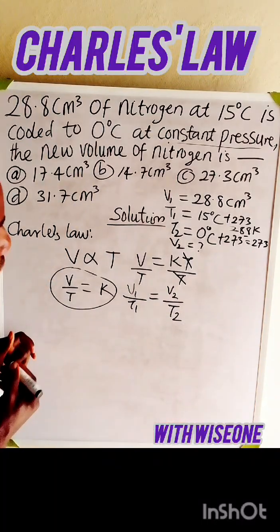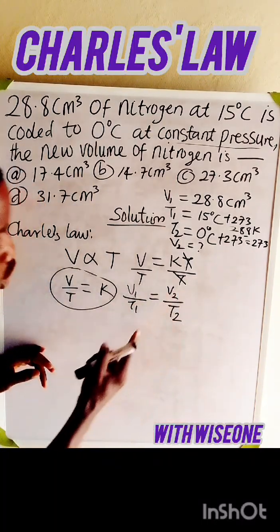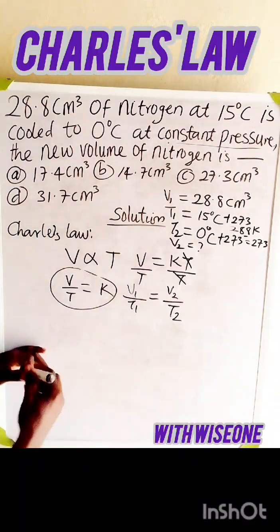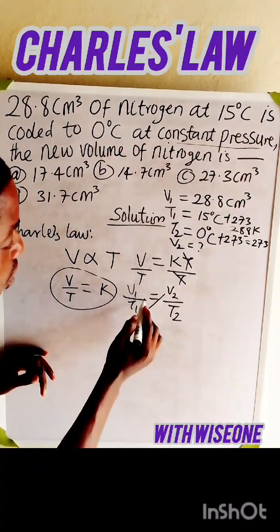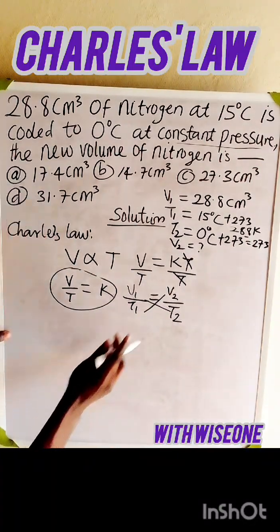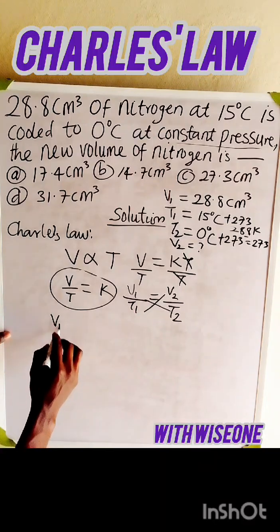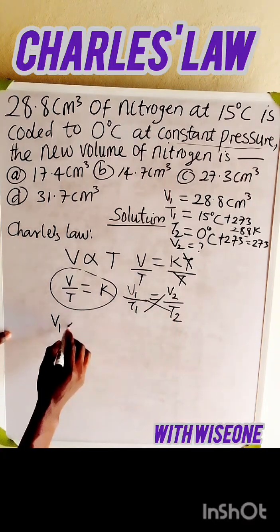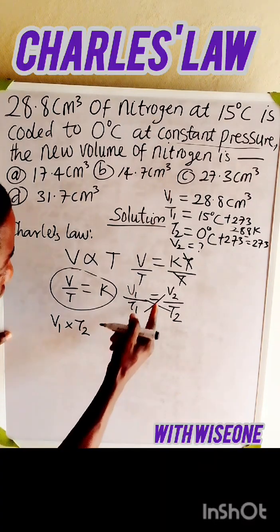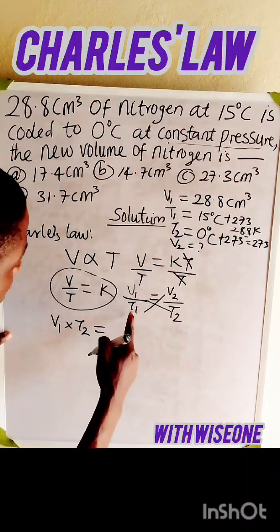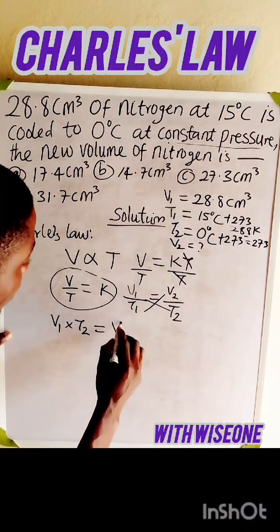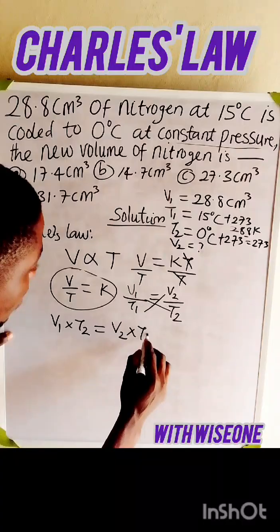So what we are looking for in this formula now is the V2. So let's make V2 the subject of formula by doing cross multiplication. Okay, so now let's cross multiply. We said that V1 times T2 is equal to V2 times T1.